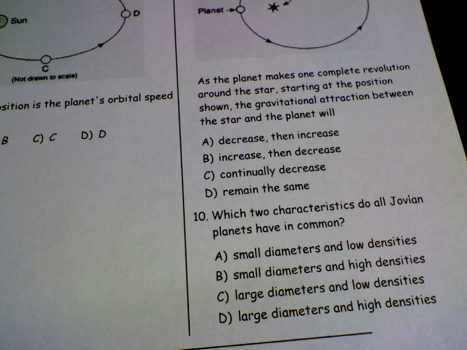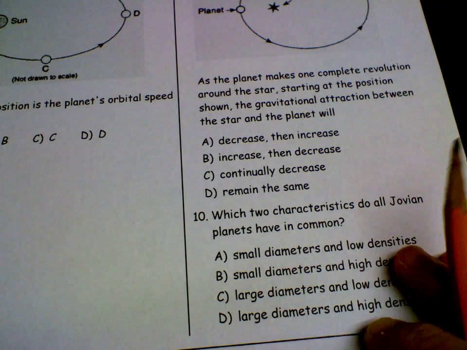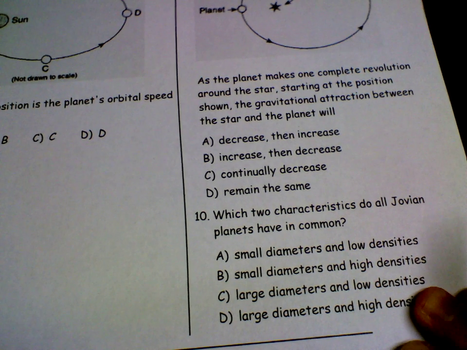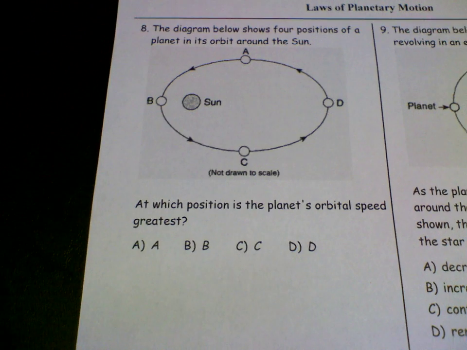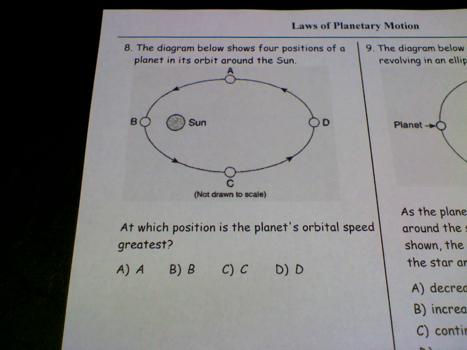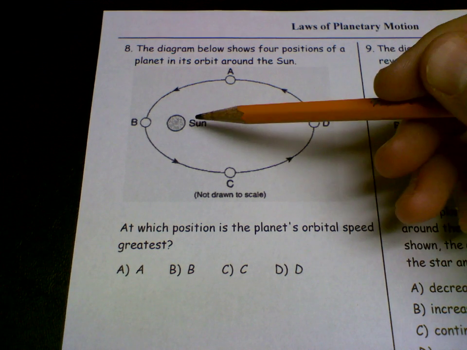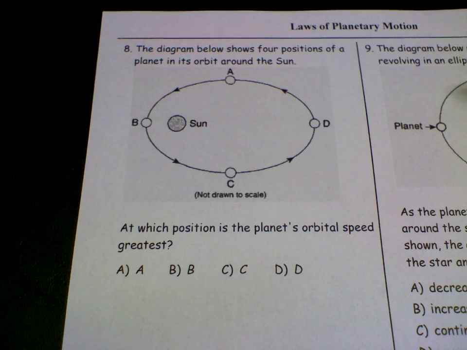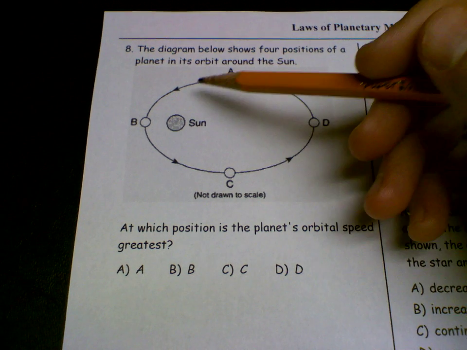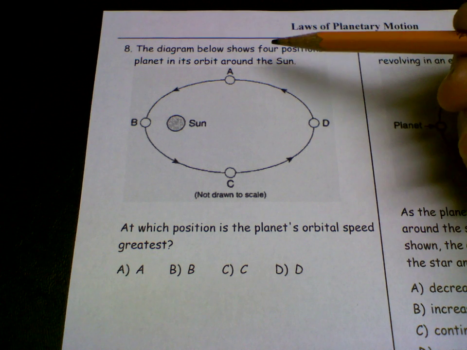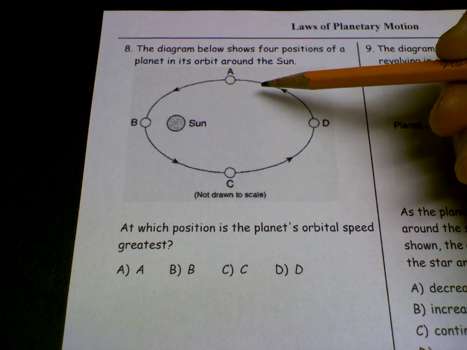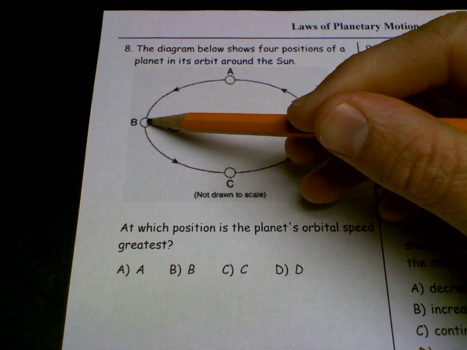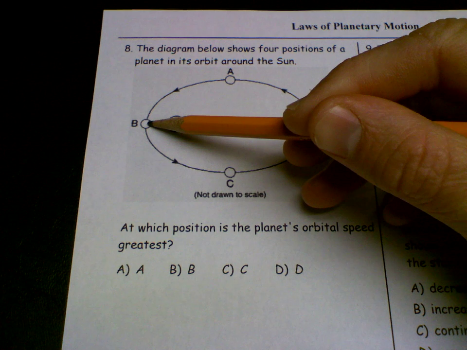All right, let's wrap it up. Number 8, the diagram below shows 4 positions of a planet in its orbit around the sun. At which position is the planet's orbital speed greatest? Now, by the way, they could just put star here. They could say it's any planet, which they actually do in number 9. But right here, we're talking about some planet orbiting around the sun, and it would be fastest right here when you're closest to the sun.